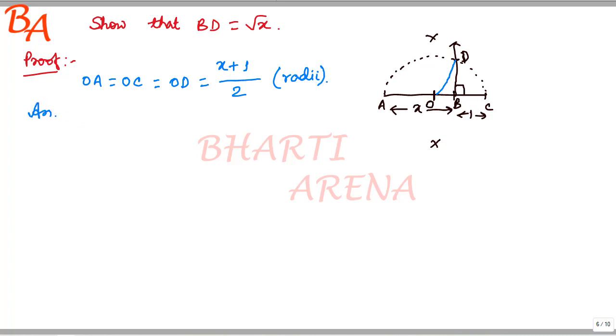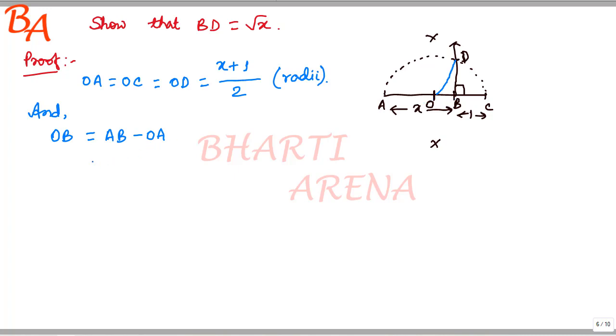And OB, this one OB, we have to find out OB. So of this complete AC, OB equals AB, that is x, minus OA. So AB minus OA will give OB.